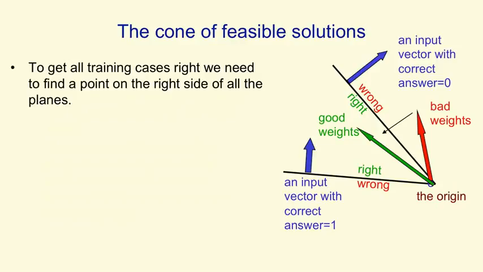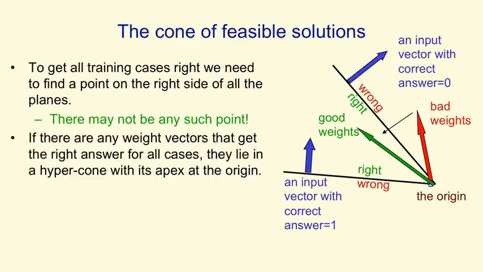Of course, there doesn't have to be any cone like that. It could be that there are no weight vectors that get the right answers for all of the training cases. But if there are any, they'll lie in a cone. So what the learning algorithm needs to do is consider the training cases one at a time and move the weight vector around in such a way that it eventually lies in this cone.